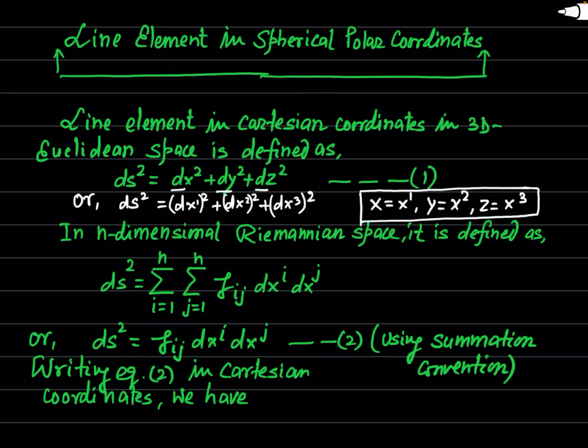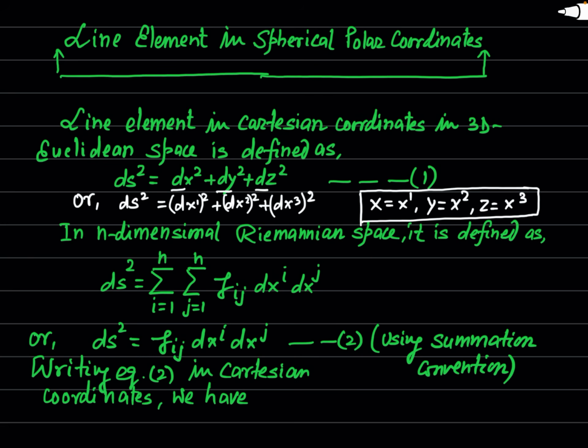For convenience, consider that x is equal to x1, y equal to x2 and z equal to x3. Remember, this is not x square; x2 means y and x3 means z. This is written only for convenience.